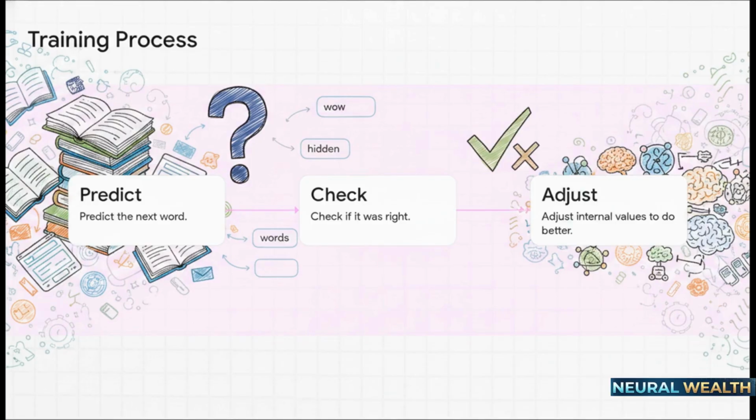Step 1, predict the next hidden word in the text. Step 2, check if it guessed correctly. Step 3, mathematically adjust itself to do just a little bit better next time. It did this billions upon billions of times. And as it repeated this process at an enormous scale, it absorbed the patterns of our grammar, our facts, our reasoning, and how our ideas connect. It never memorized the internet. Actually, think of it more like it learned the statistical shape of human language.